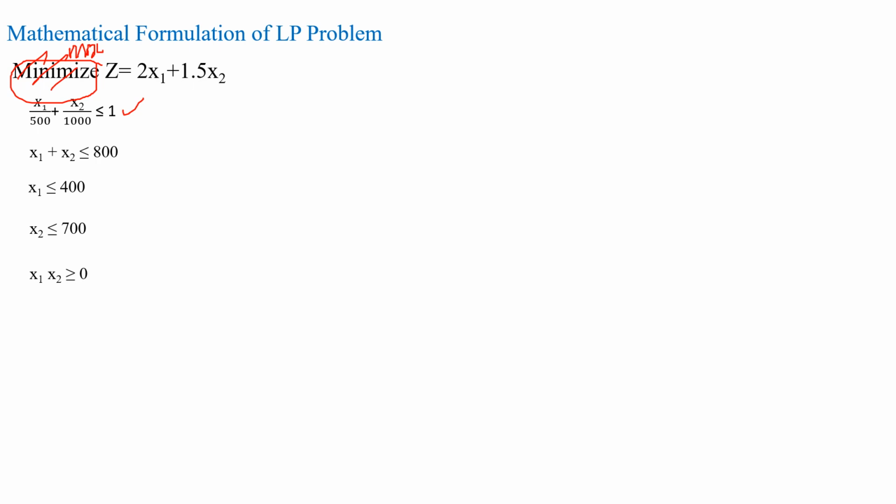From the leather material point of view, x1 plus x2 is less than or equal to 800. Similarly, from the buckles point of view, x1 is less than or equal to 400 and x2 is less than or equal to 700. And x1 and x2 are both non-negative decision variables. Thank you.